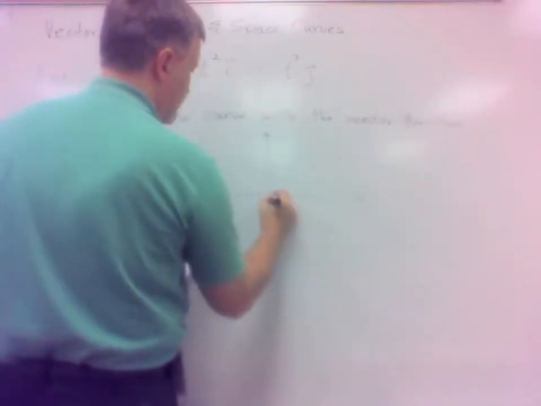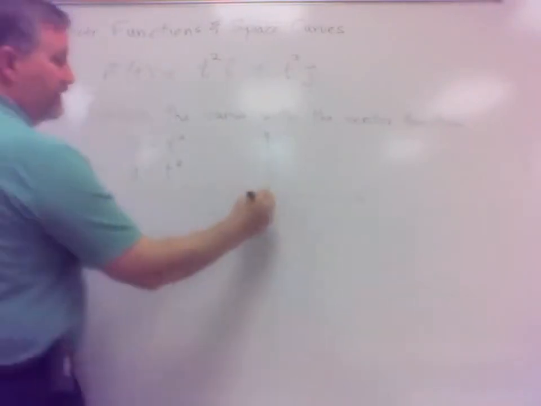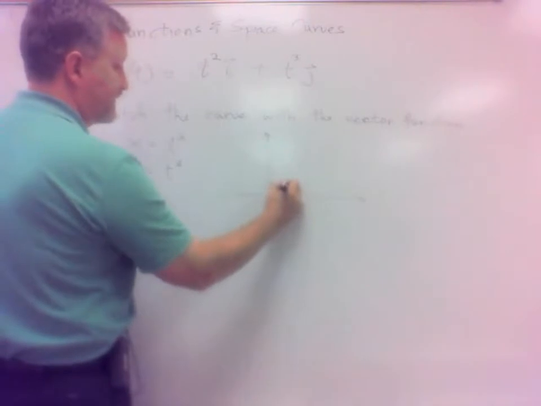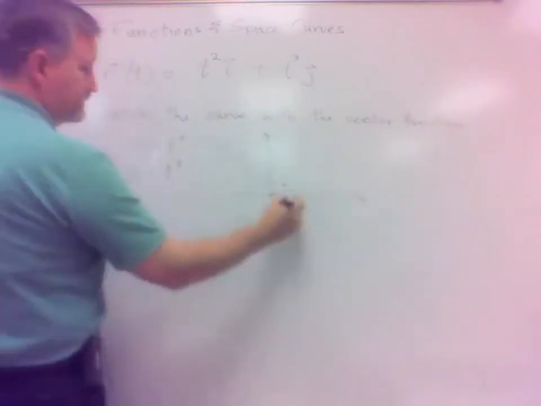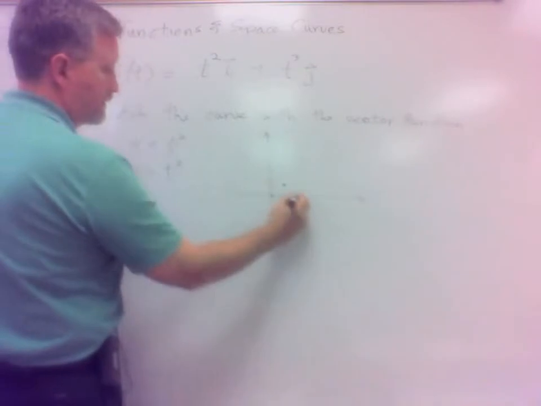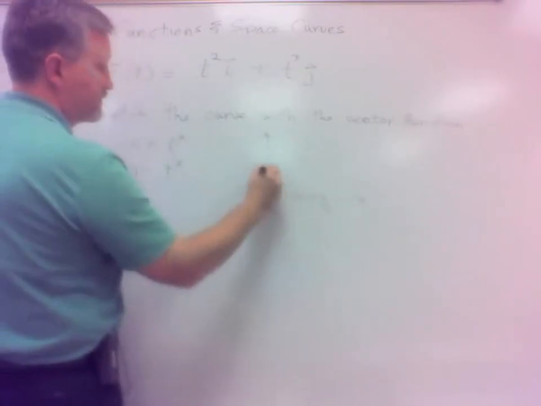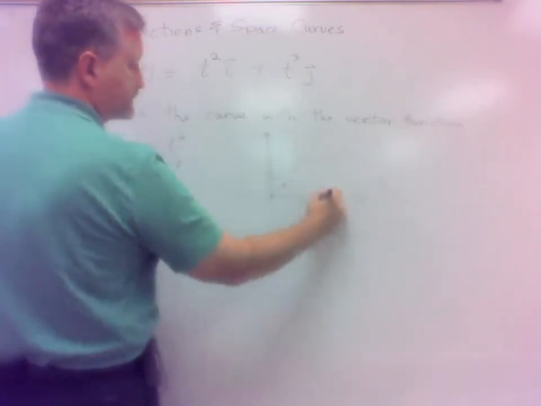It goes to the origin. At t equals 0, x and y would be 0. At t equals 1, we'd have (1, 1), x and y would both be 1. At t equals 2, it'd be 4 in the x, 8 in the y, so (4, 8).